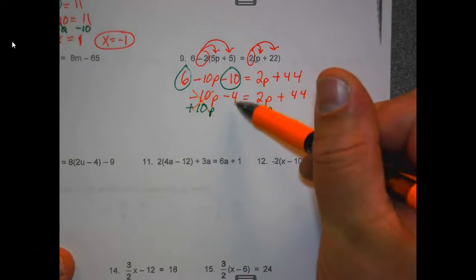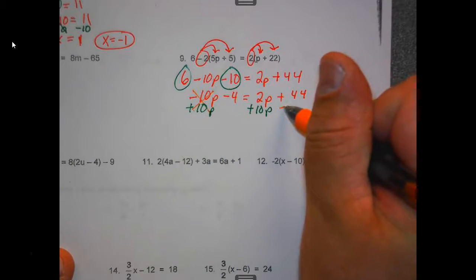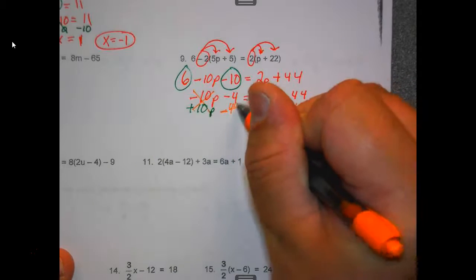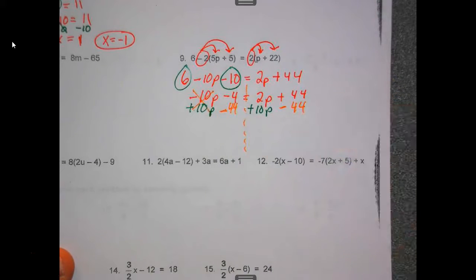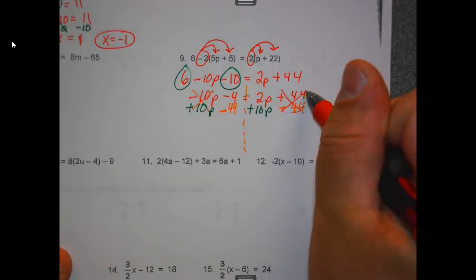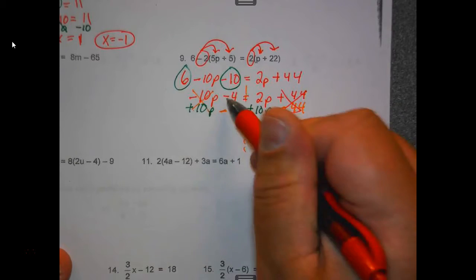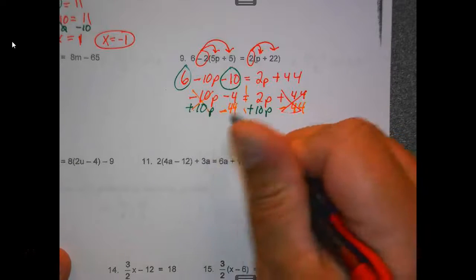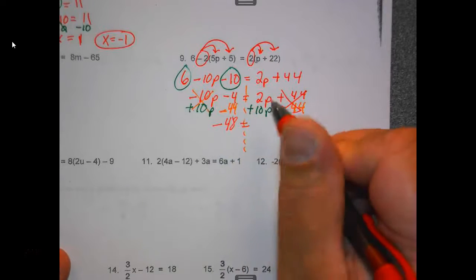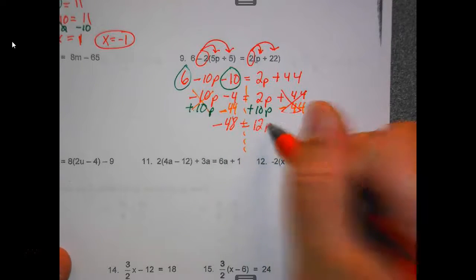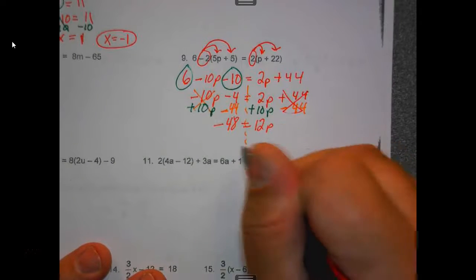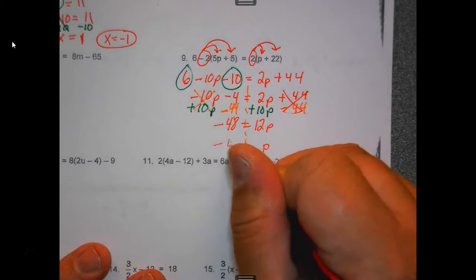I have constants on this side, so I'm going to bring this constant over to the other side. Gets rid of the constants on this side. -4 minus 48. I'm sorry, 44 is -48. And 12p. What's p? That's right, -4.